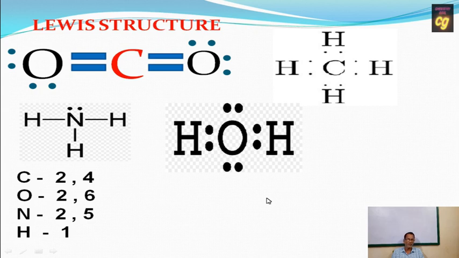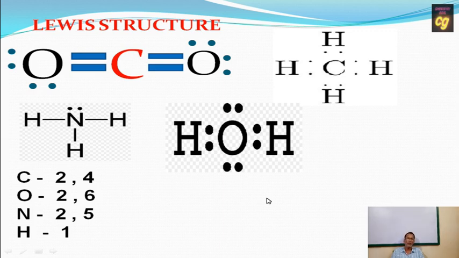So on the right side it is a shared pair of electrons with hydrogen, and on the left side also a shared pair of electrons with another hydrogen. So two covalent bonds are produced, one O-H and another O-H, and of the 6 electrons, 2 are shared with the 2 hydrogen atoms, and the remaining 4 electrons remain on the oxygen atom as non-bonded electrons. So the water molecule has 2 covalent bonds and 2 non-bonded electron pairs on the oxygen atom.